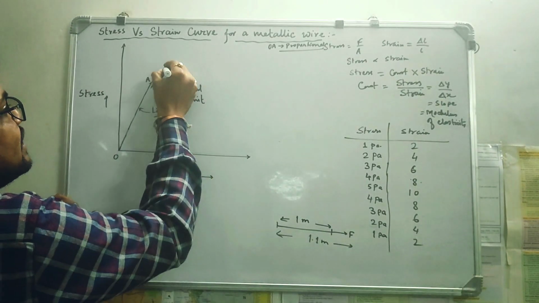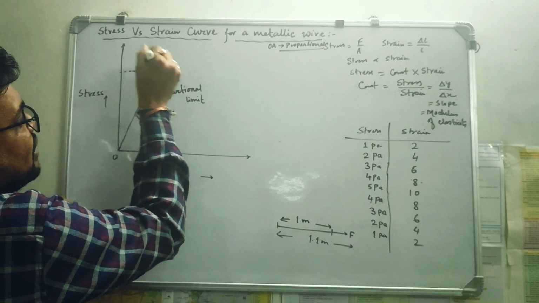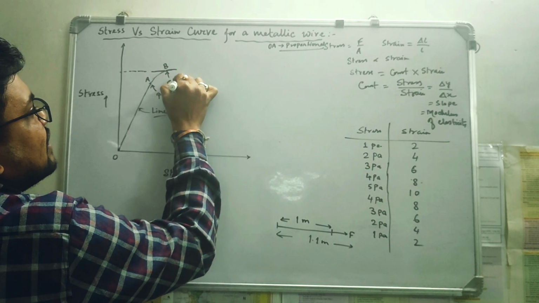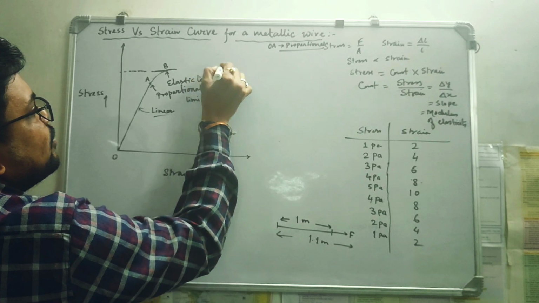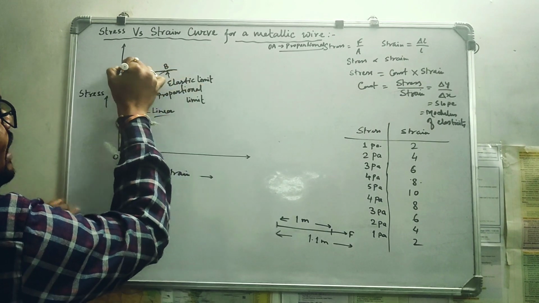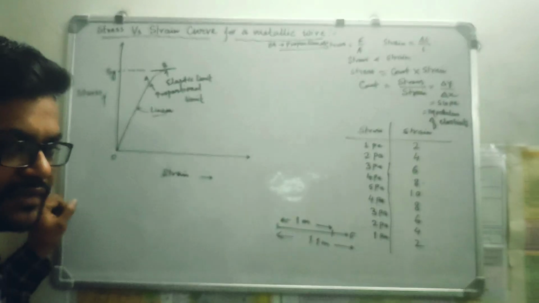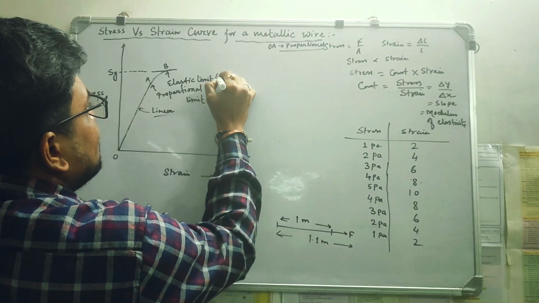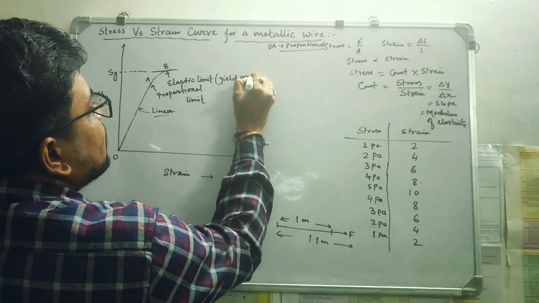So this point B, the corresponding stress of point B, is known as the elastic limit. The strength at point B is denoted as SY. That means that's the yield point, or elastic limit, sometimes also called the yield point.